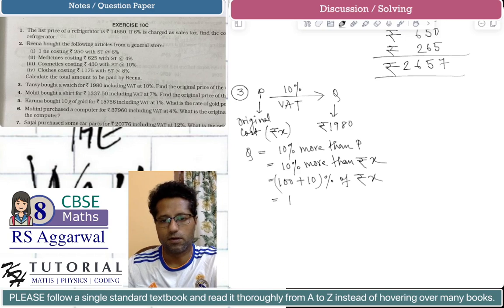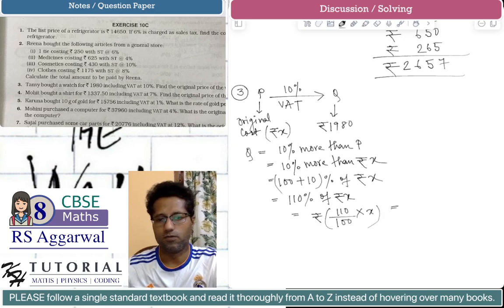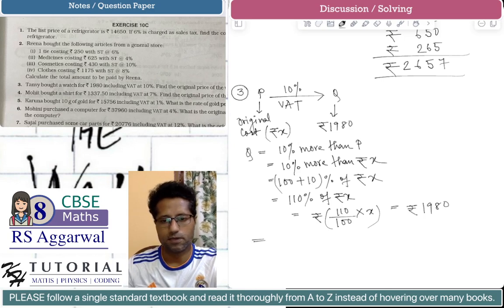This is equal to 110% of rupees X, which is rupees 110 divided by 100 multiplied by X. This is given to be equal to rupees 1980. So we have the equation 110 divided by 100 multiplied by X is equal to 1980.